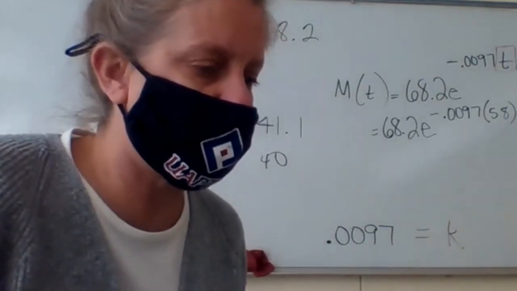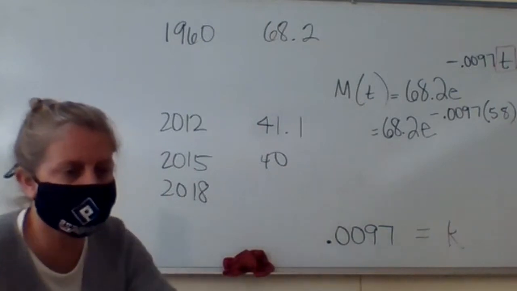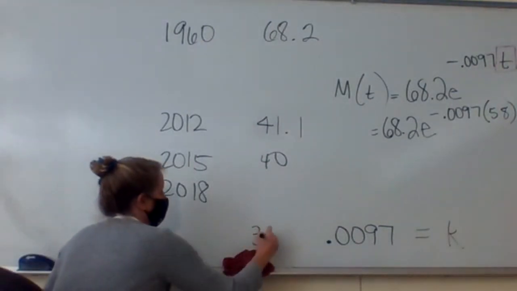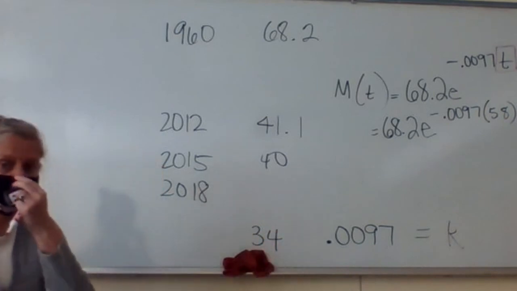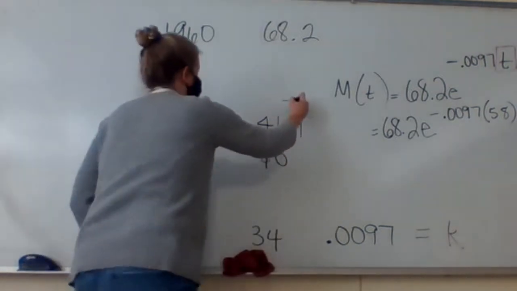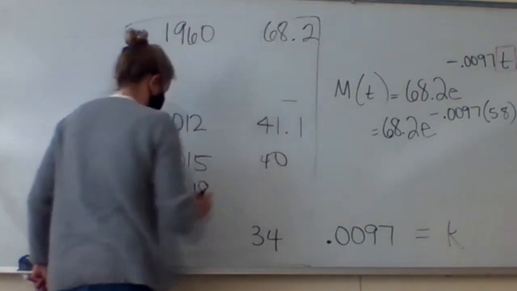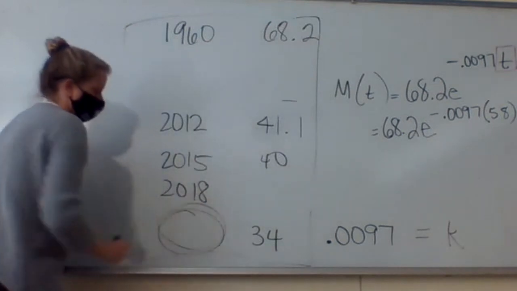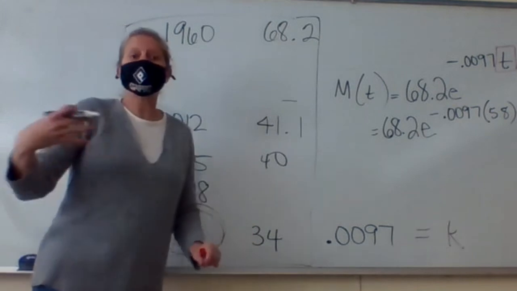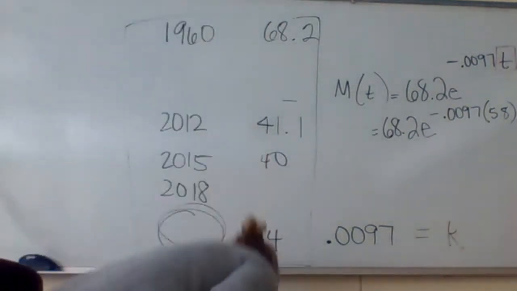Now, the very last part of this test is going to say, at this decay rate, in which year will the percent of adults who are married be 34%? So let's see, if I work that out, when will it be 34% in this chart? What year will that be? So what I need to do, 34 is my end number, right? So that's what goes on the left side of your equal sign.